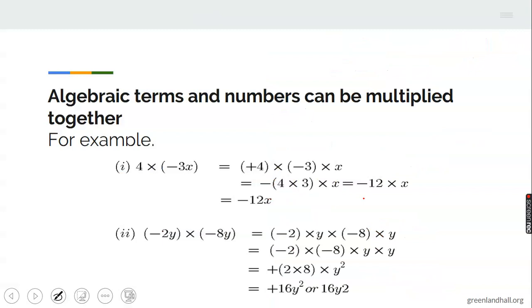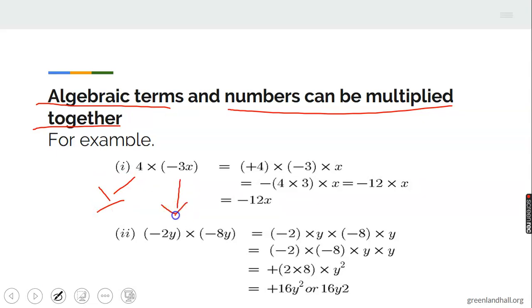Now, algebraic terms and numbers can be multiplied together. For example, when you have 4 multiplying with a negative term. Now, this is 4, then we have minus 3. We use bracket so that you'll be able to know that this term is a negative term.